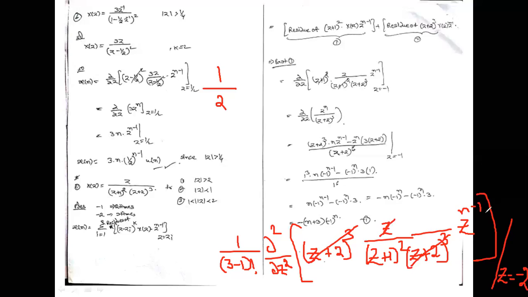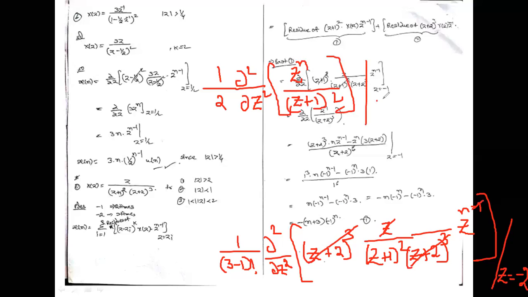And the z is also cancelled with this one. So d square by dz square, with the numerator z power n and denominator z plus 1 square only, at z is equal to minus 2. Got it, my dear students?